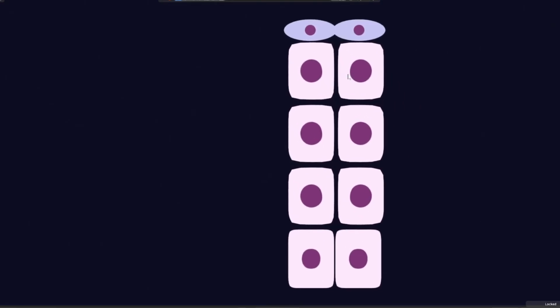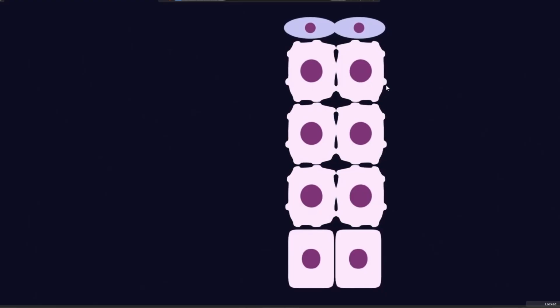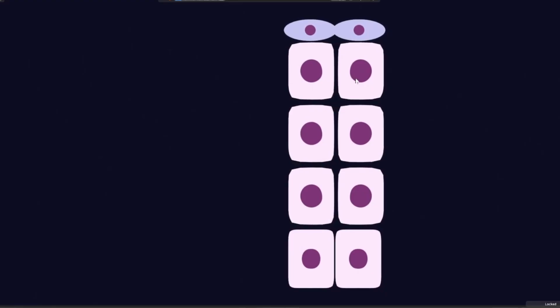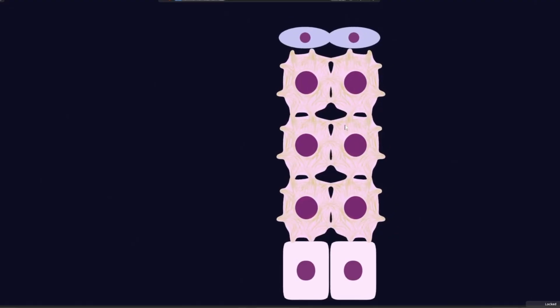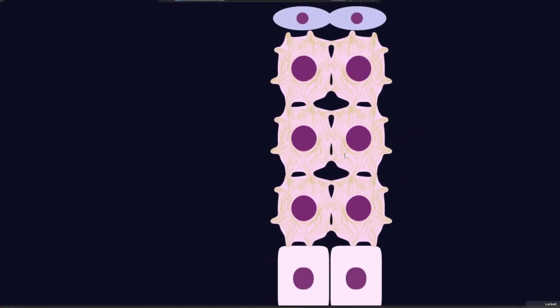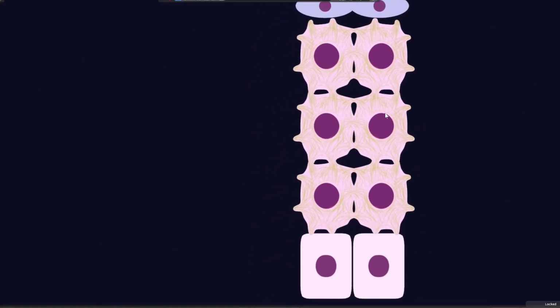Now these cells will establish connections with their neighbors, right? They will form strong connections with their neighbors, and these connections are called desmosomes. Along with that, they will form special protein fibers called tonofilaments, right? And these are basically the keratin filaments. So keratin filaments or tonofilaments develop here.